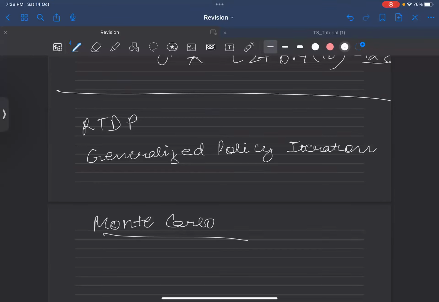Monte Carlo is also computationally intensive, but compared with MDP, the whole approach of Monte Carlo is for when we don't have the MDP. But can I say MDP is more computationally expensive, or Monte Carlo is more computationally expensive?